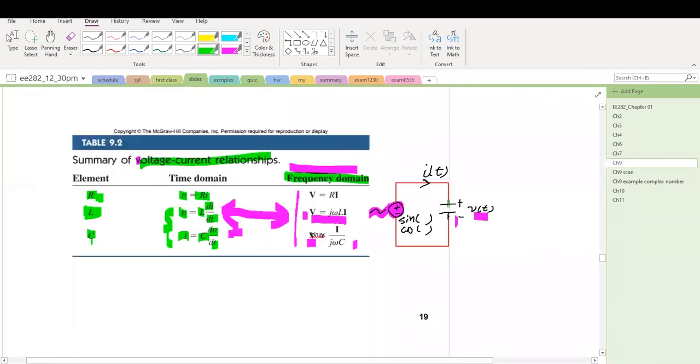So if I have a circuit with a resistor instead of a capacitor, V of t is proportional to I of t by R. So V of t equals R times I of t, and R is a positive scalar. So of course, in phasor domain, phasor V equals R multiplied by I.